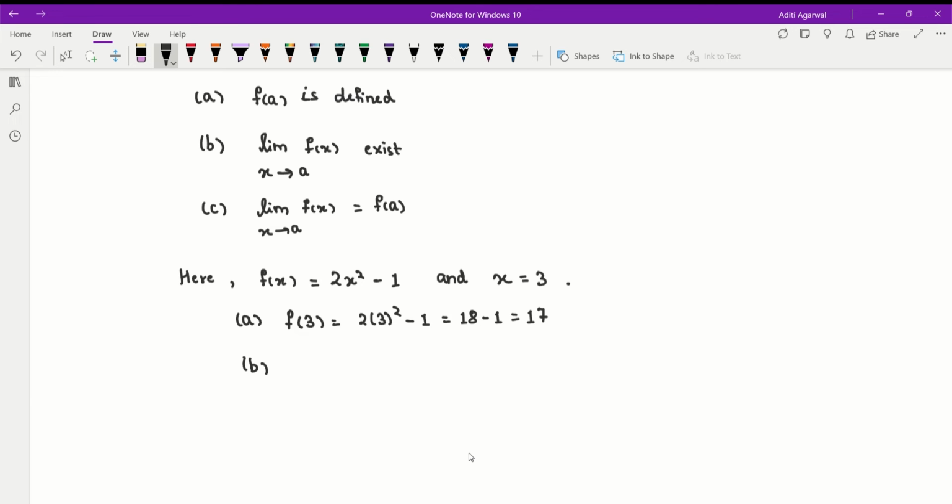The b point, we will find the limit of the function as x is tending to 3 and my function is 2x square minus 1. If I put in the limit value, I will plug in x as equal to 3 and I again get a defined number, so the limit exists.